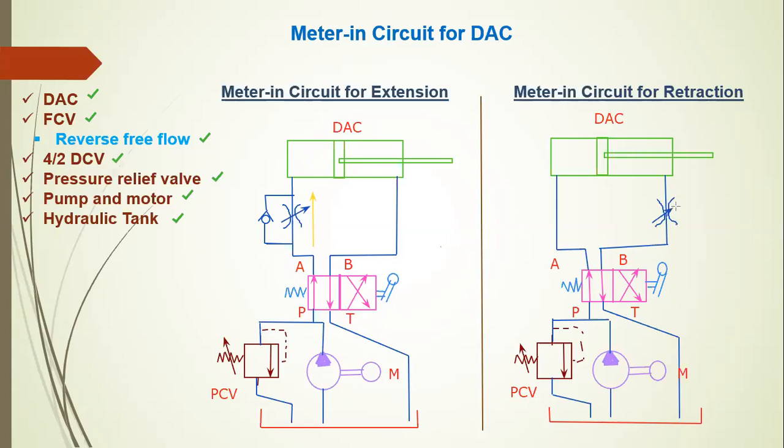Give one arrow direction, which means the FCV is variable. Give one check valve, so it acts as reverse free flow.